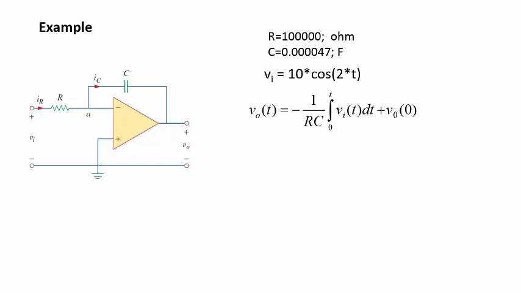Some people are still reviewing calculus, so that's okay. So that will become minus 1 over 100,000 times 0.000047, that was 47 microfarads, times, and now I'll just pull out the 10 because 10 is a constant, so it isn't involved in the integration.